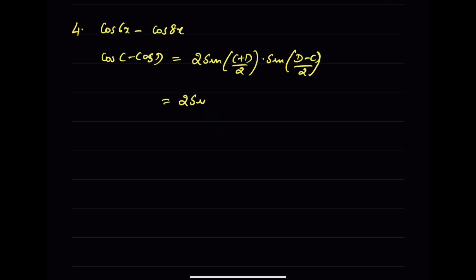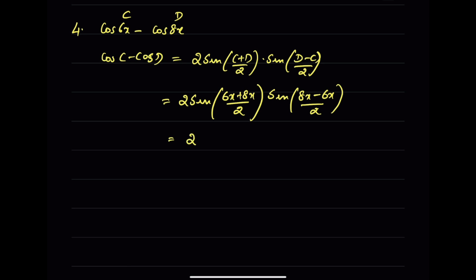So this will be 2 times sin of (6x plus 8x) by 2, where 6x is C and 8x is D, and this will be sin of (8x minus 6x) by 2. So we would have 2 times sin of 7x multiplied by sin x.